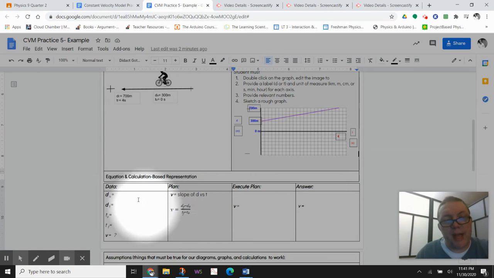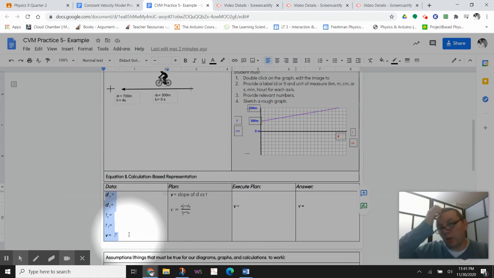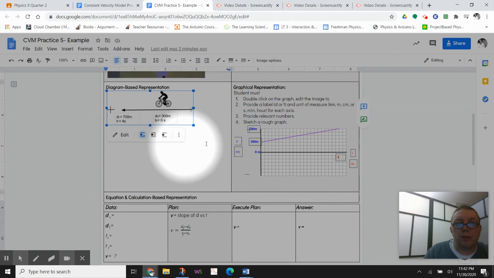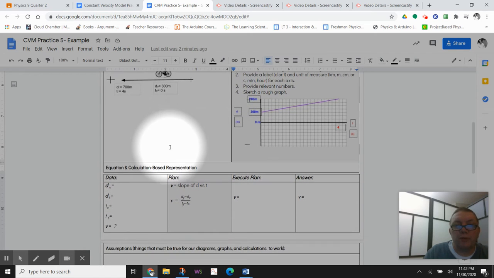So the data section is just trying to gather all the information that we can about the data for the motion that we're studying. In this example, we've got the diagram-based representation where 0 is over here and we're going in the positive direction. We have a final time and position, and an original time and position. Those values I can just put right there.